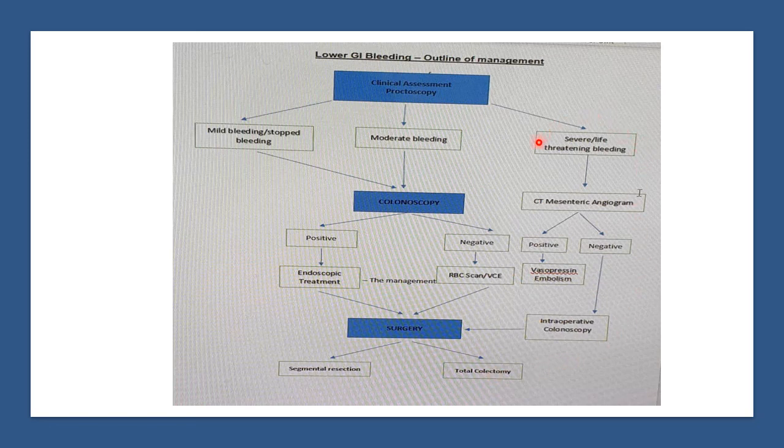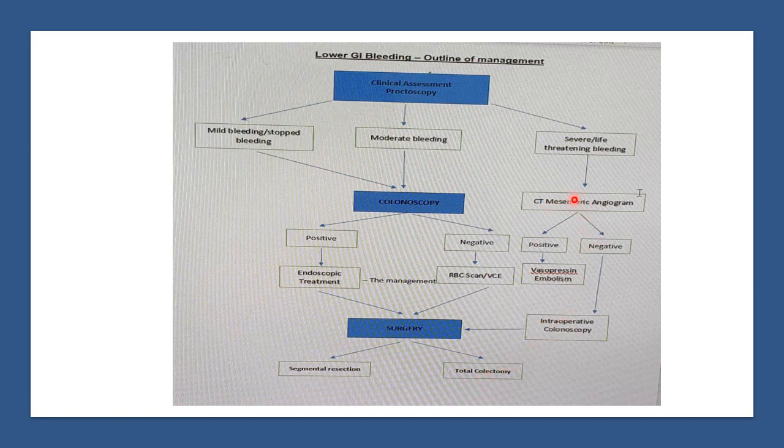In patients with severe or life-threatening bleeding, as soon as the patient is stabilized, he is taken for a CT angiogram, which is the fastest and most readily available in many centers. If the CT angiogram is negative, then he's taken for an intraoperative, or on the table, colonoscopy done in the OT, and then you decide on what type of surgery you may want to do for the patient.